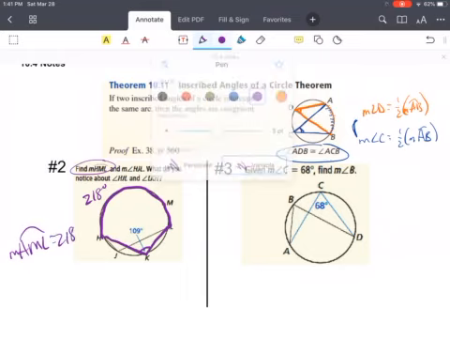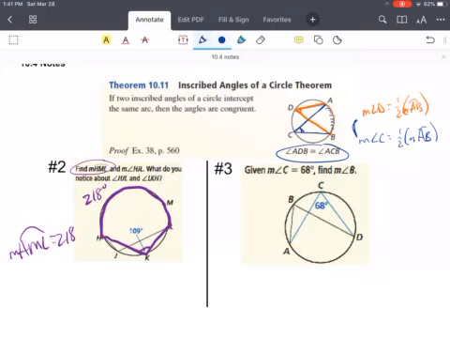And then the measure of angle HJL, which is right here, is another angle whose vertex is on the circle, and it intercepts the same arc. So it has to be half of 218, or also equal to 109, which is the exact same thing. We can use just one letter if we want to say angle J.